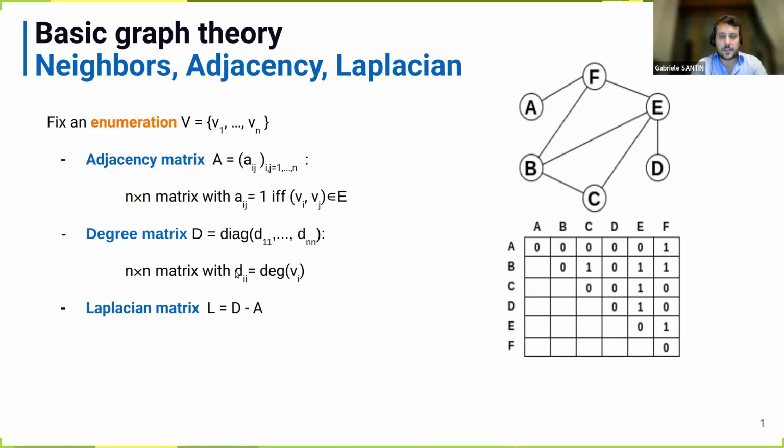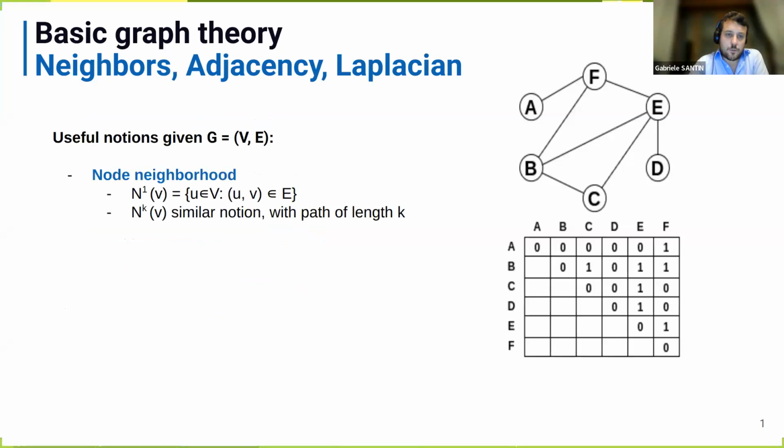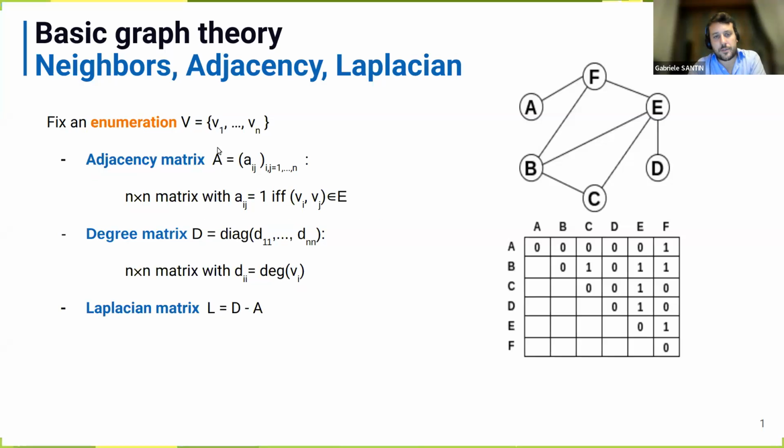And then there are a number of matrices associated with a graph, and they provide a natural linear algebra representation of a graph. They work like that. You first fix an arbitrary enumeration of your nodes. So instead of having a set, you give them a number.